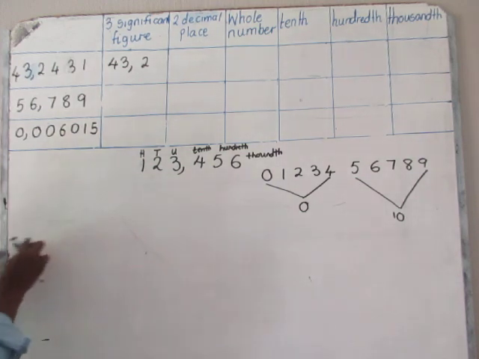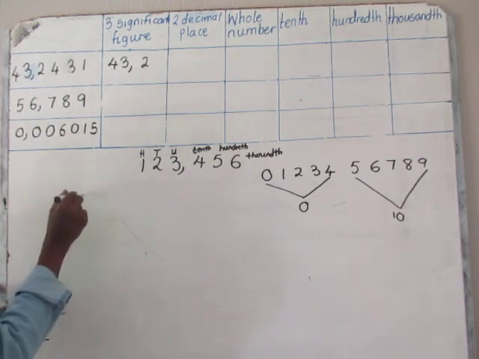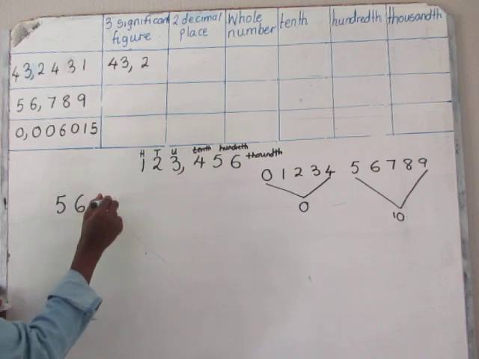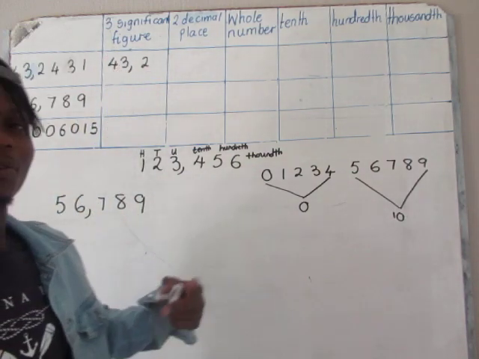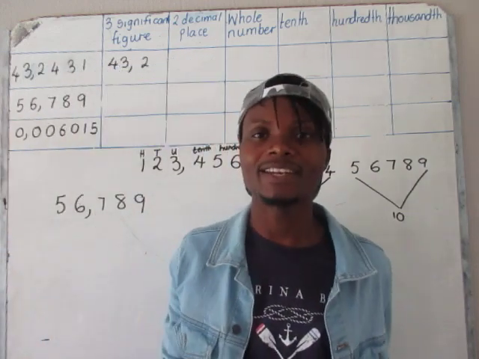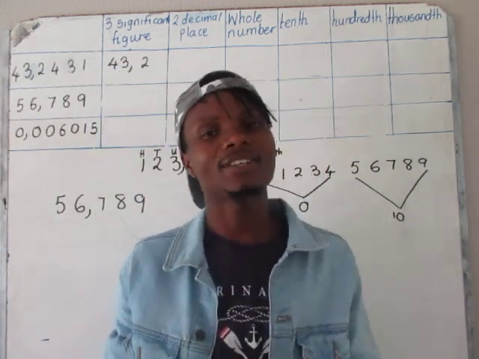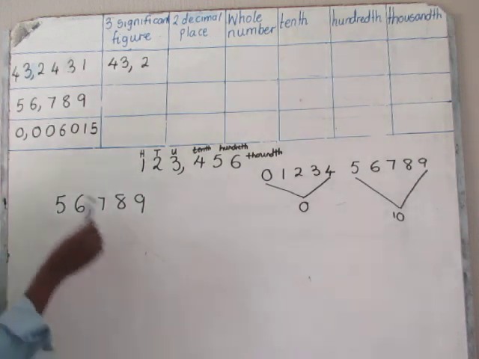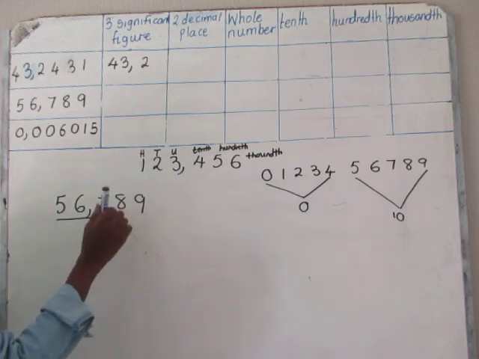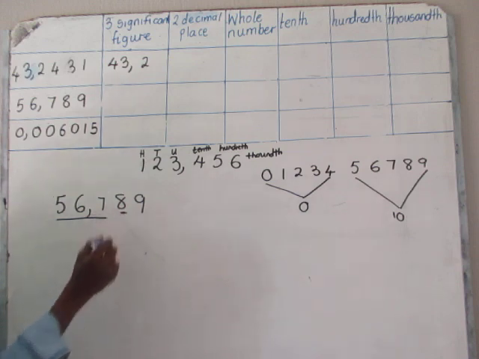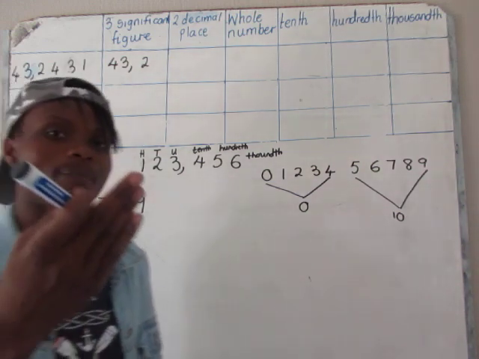How about rounding off 56.789 to three significant figures? Remember, three significant figures means we need the first three non-zero digits. So we need 1, 2, 3. So we look at the number immediately after, which is 8. Will 8 round up or down?